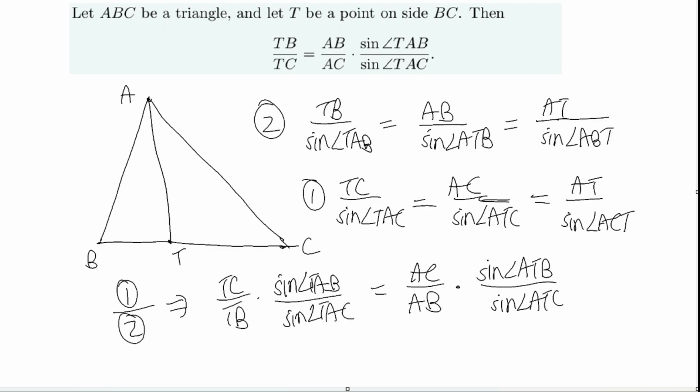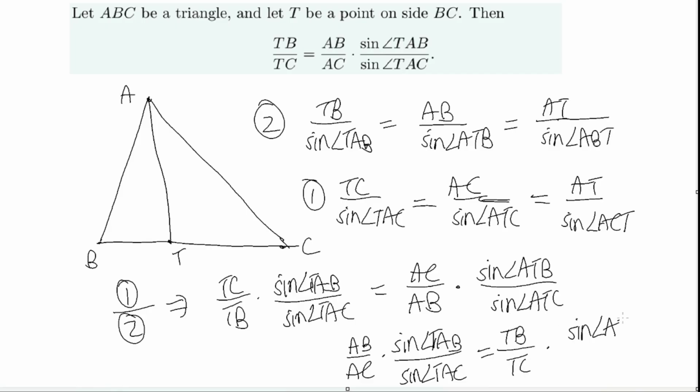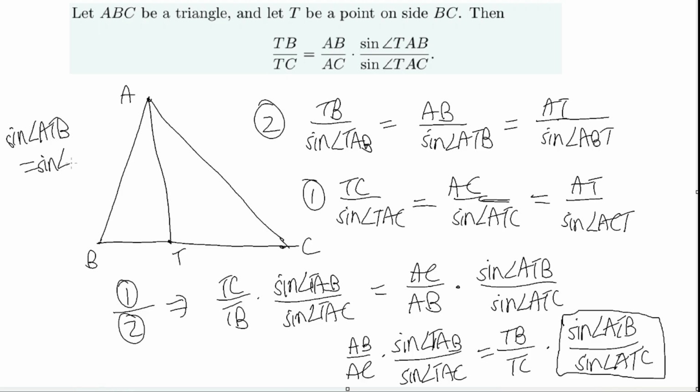When we do that, we end up getting AB over AC times sine angle TAB over sine angle TAC, and that's equal to TB over TC times this remainder, sine ATB over sine ATC. So we have this remainder term here, and the goal is to show that this is equal to 1. The only way this can be equal to 1 is if the sines are equal: sine angle ATB equals sine angle ATC.